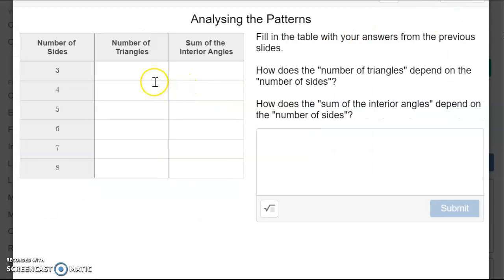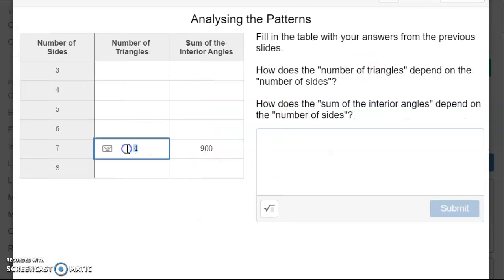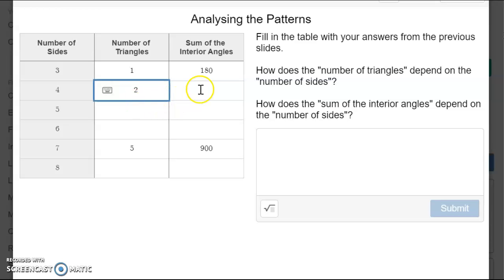Fill in the table with your answers from the previous slides. For the heptagon, I got 900. Number of triangles were 4 triangles? No, 5 triangles. With the number of sides, the number of triangles was 1, so that's going to be 180. For the quadrilateral, we could form 2 triangles, so that's 360.